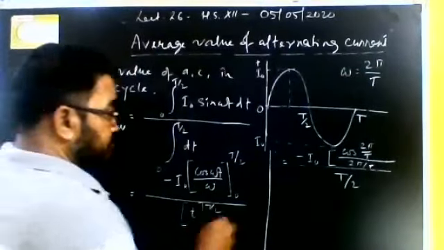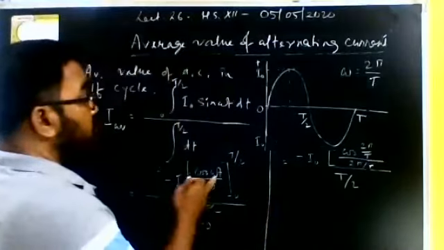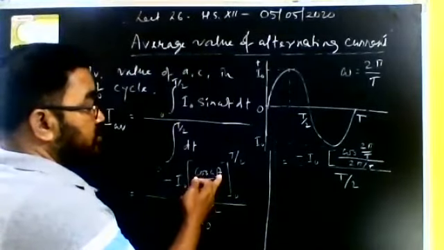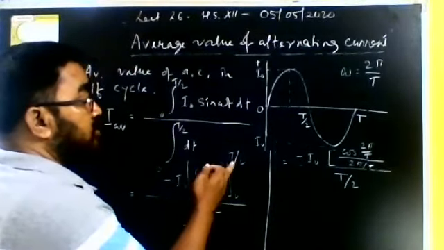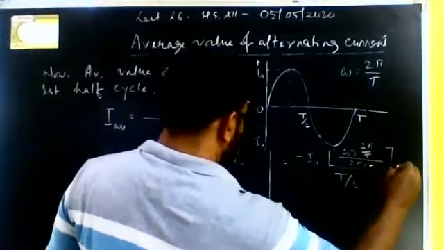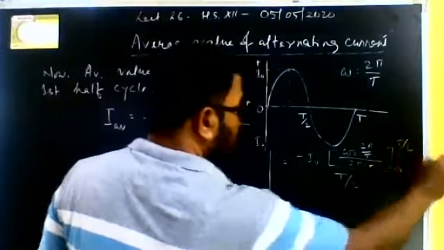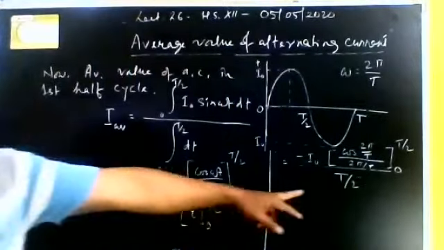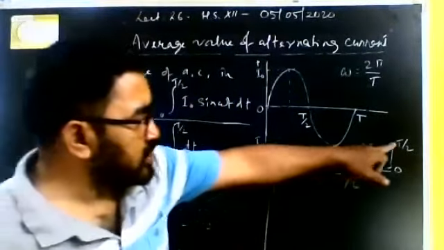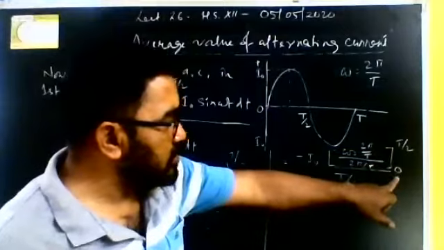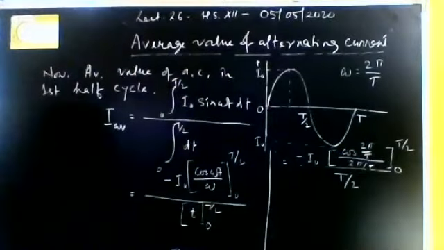In place of small t, what do you have to write? Capital T by 2, from 0 to T by 2. In the next line, you will put the upper limit T by 2 and lower limit 0.